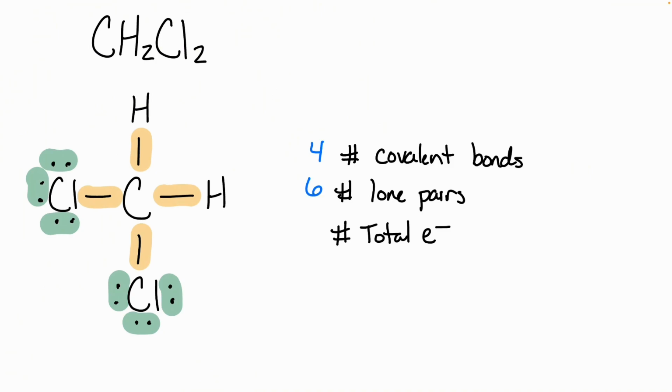And then how many total electrons do I have in this molecule? 2, 4, 6, 8 from my covalent bonds. 10, 12, 14, 16, 18, a total of 20.